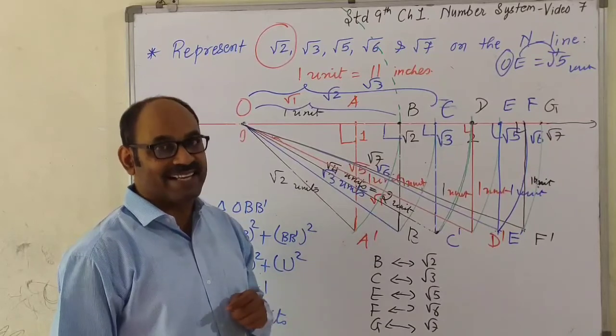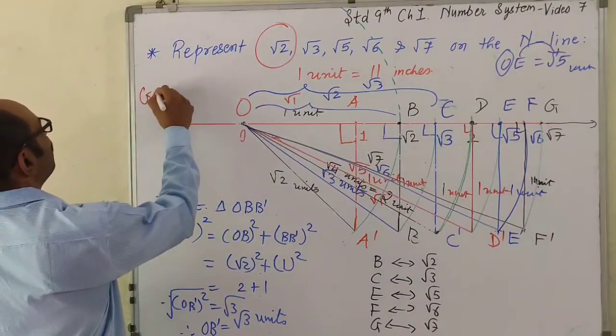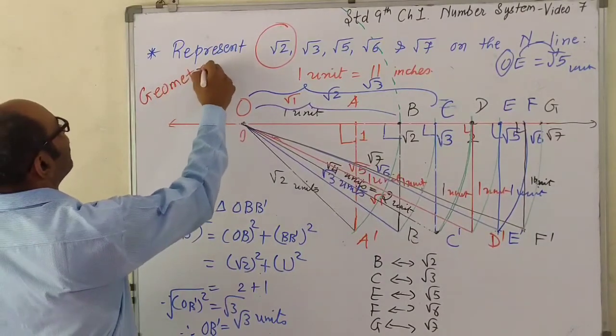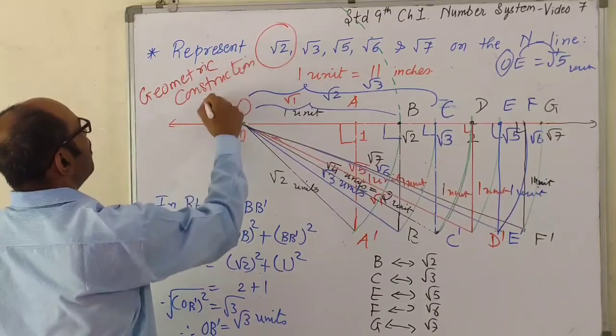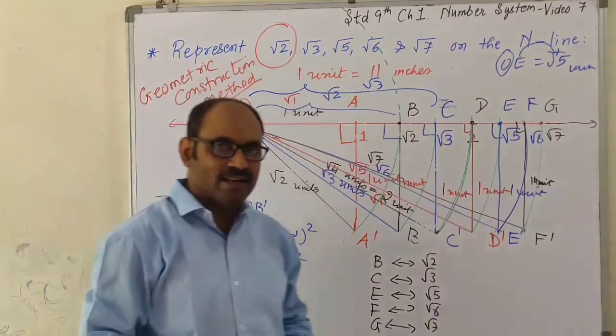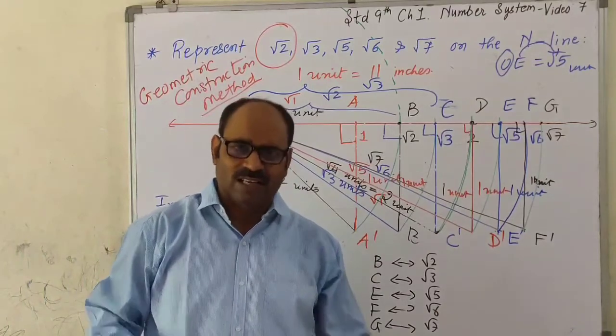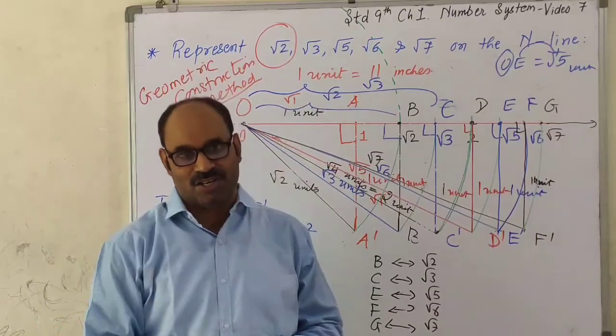This is called the geometric construction method. There is another method which is also construction only, but the successive right triangle construction method.